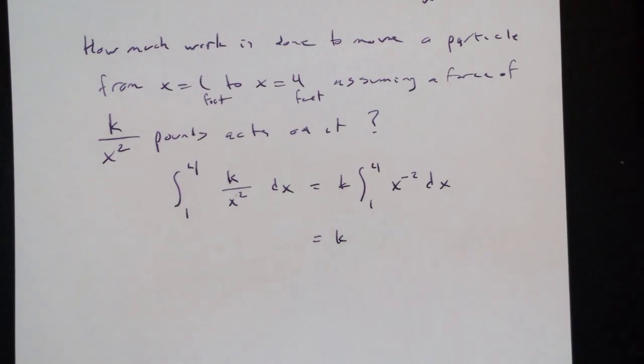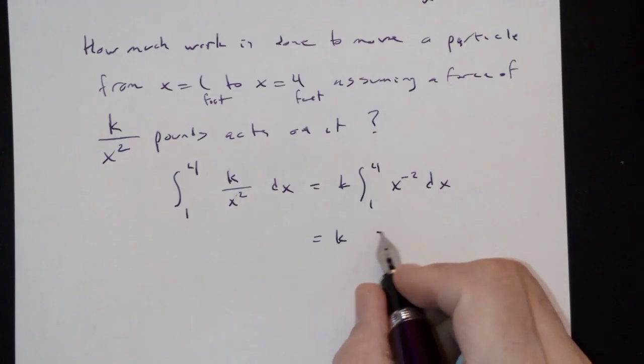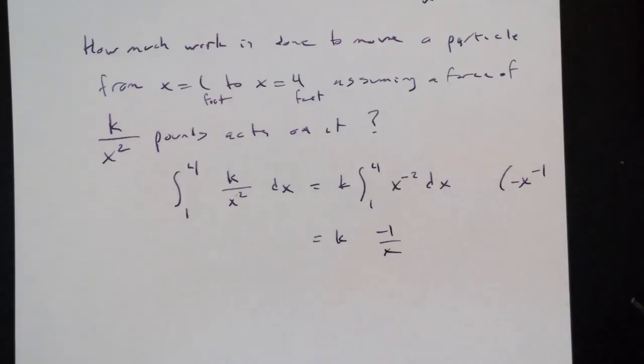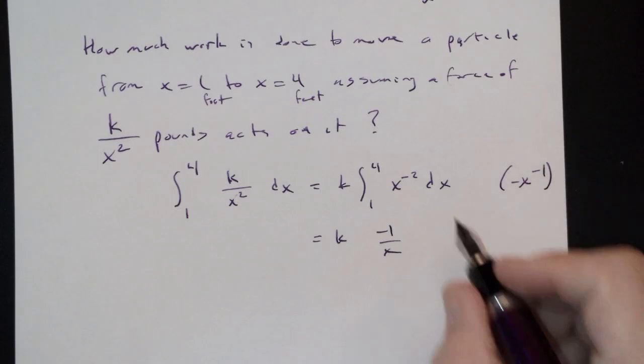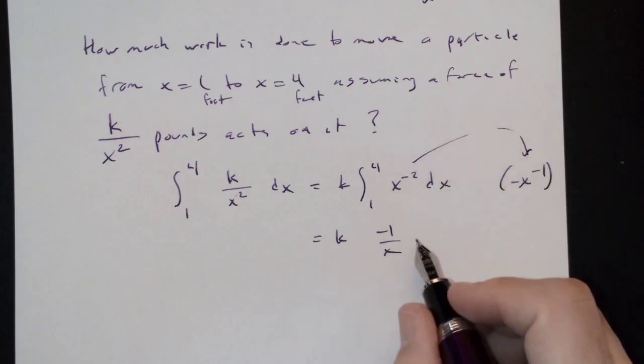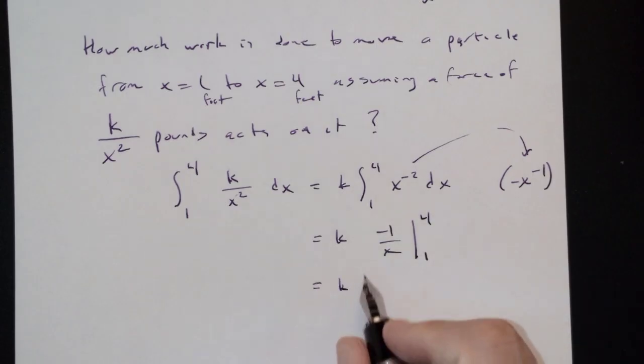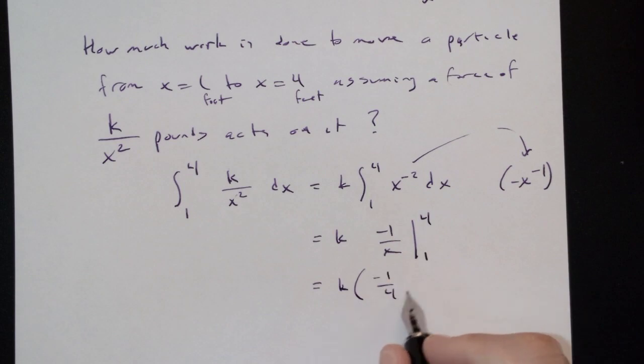Antiderivative of x to the negative 2. Really, it's negative x to the negative 1. We just do the simplification here. But I'm evaluating that from 1 to 4, so I don't need to worry about a plus C. K times put in 4, put in 1.